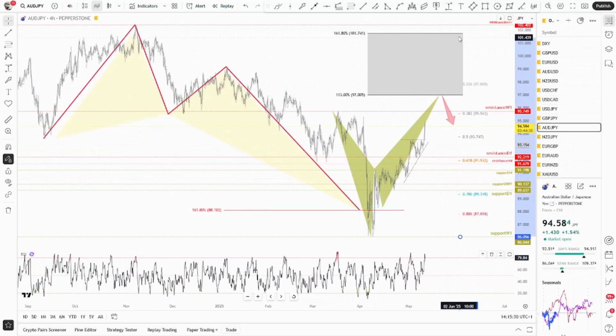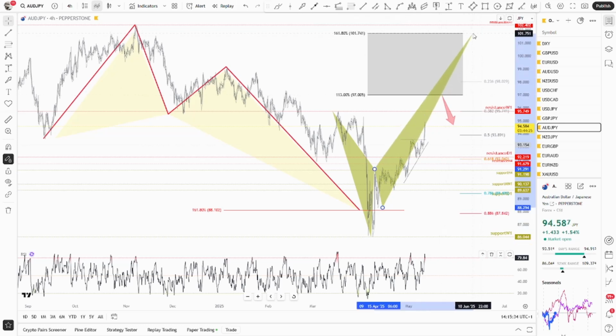This pattern can also extend to the golden Fibonacci levels, and this configuration will turn the bat pattern into a crab, and that may offer also a nice short opportunity.